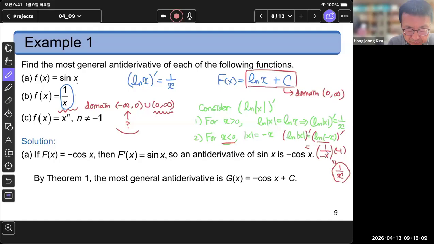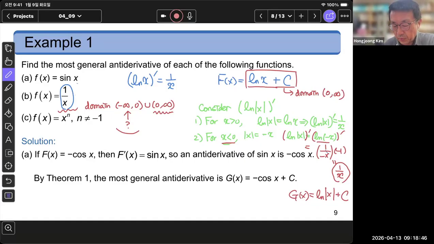Instead of log of x without the absolute value sign, the correct antiderivative will be log absolute value of x plus a constant to get the general antiderivatives. Please remember that when I give you any function, say 1 over x, your antiderivative must have the same domain as the function given.